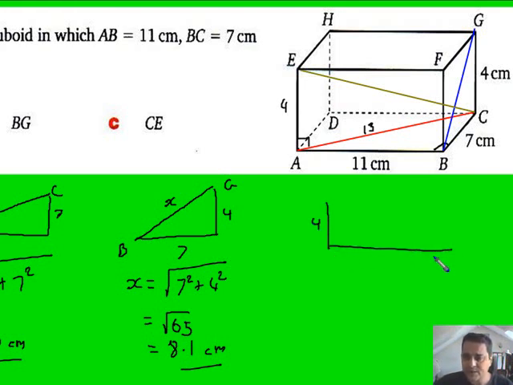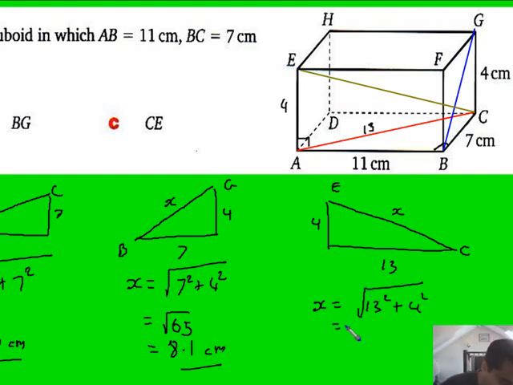I've got a 4 vertical, I've got a 13 which is the base, and I've got E to C like that, which is yet another hypotenuse. Call that X. So straightforward. X is going to be 13 squared, the base, plus the 4 squared, the height. Then we square root it. Just do that quickly. So it's 169 for 13 squared plus 16 equals 185.